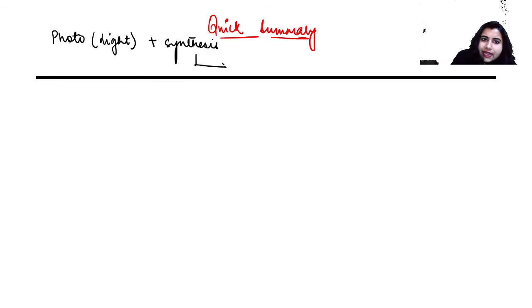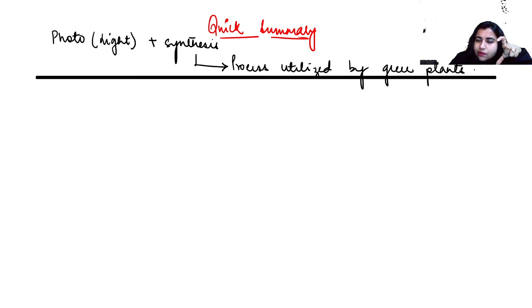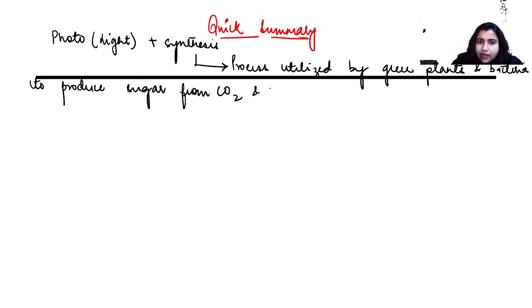So we can say this is a process utilized by green plants and bacteria to produce sugar from carbon dioxide and water in the presence of sunlight.